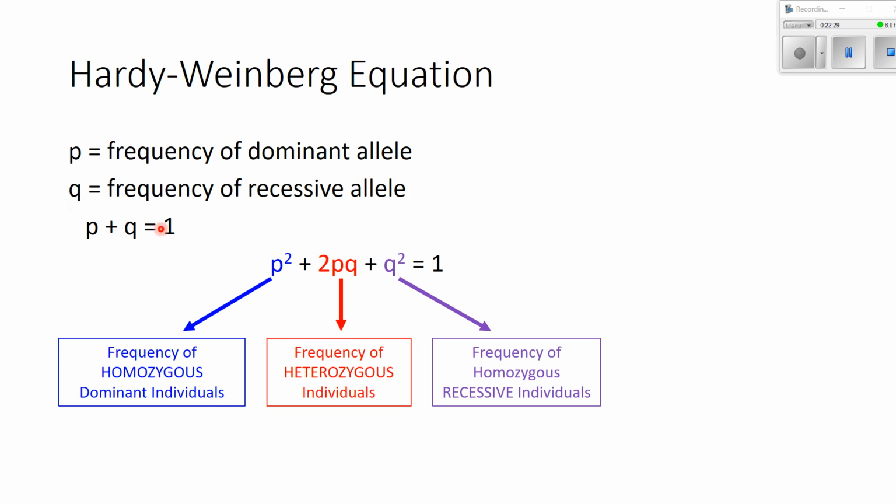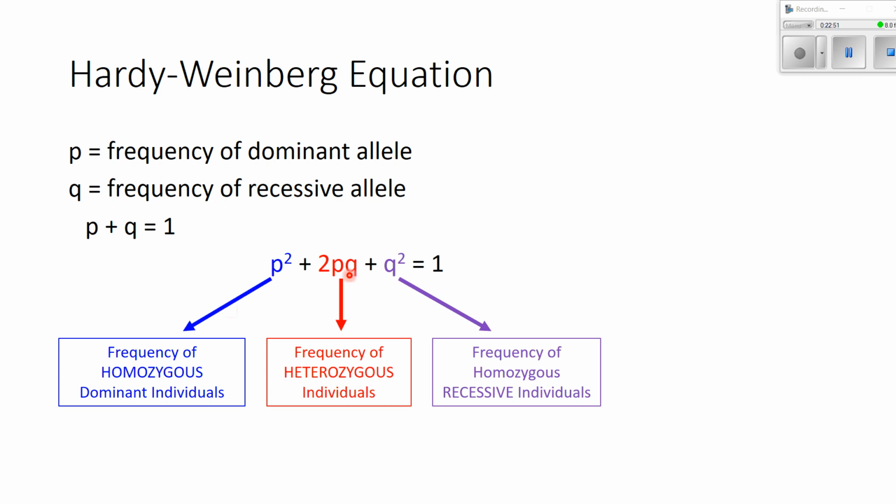Most of the time, they're either going to give you Q as given information in the problem, or they're going to tell you what Q squared is, or they're going to give you enough information that you can figure out Q or Q squared.